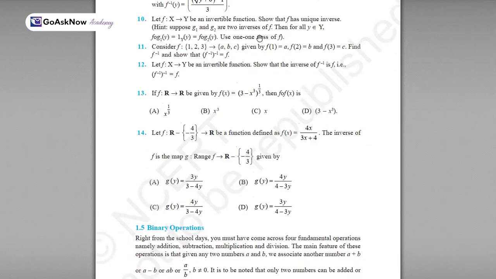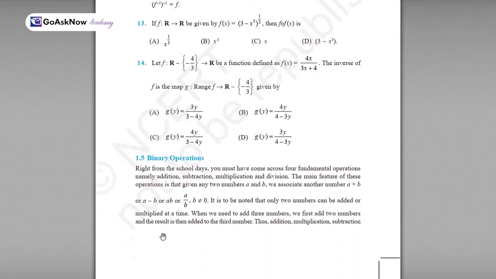Well, let's move further, and the next topic is binary operations. It is not very important in your syllabus and for JEE also, but it is in your course, which is NCERT. So I will just wrap up faster, and I will not give so much time for this. So what is a binary operation?